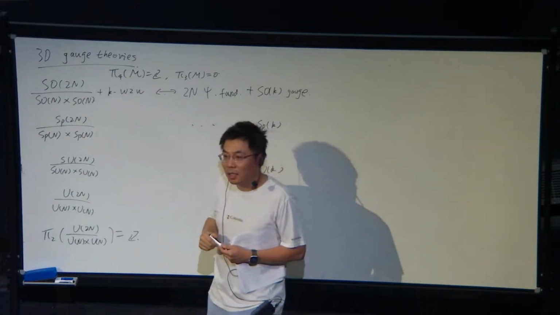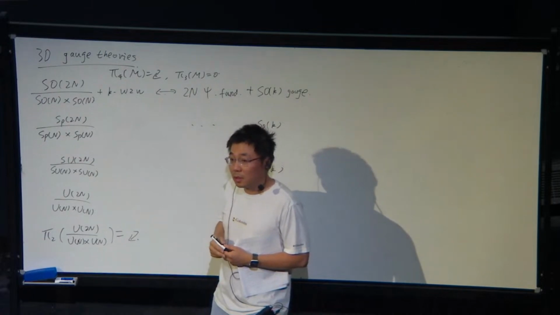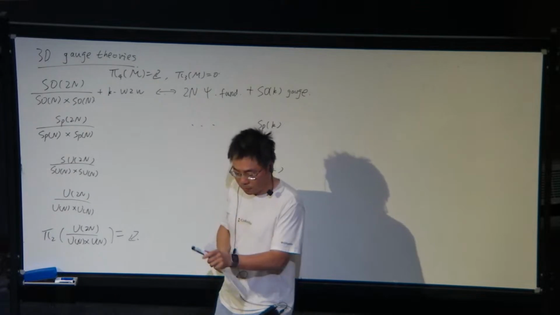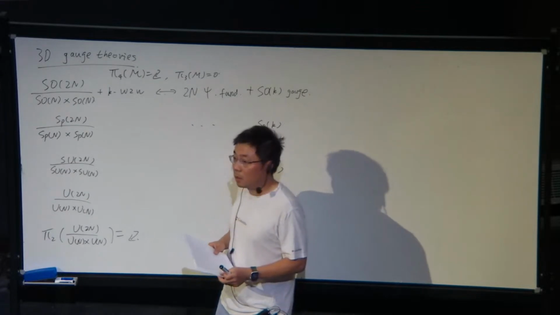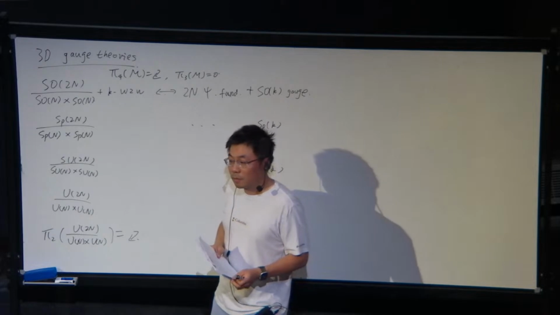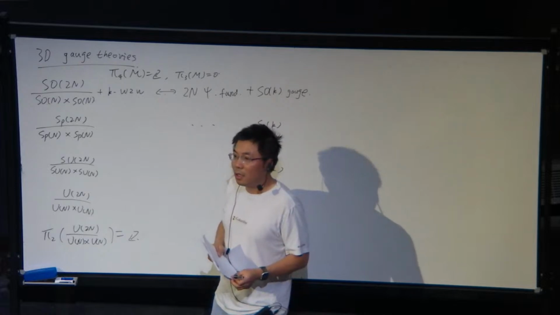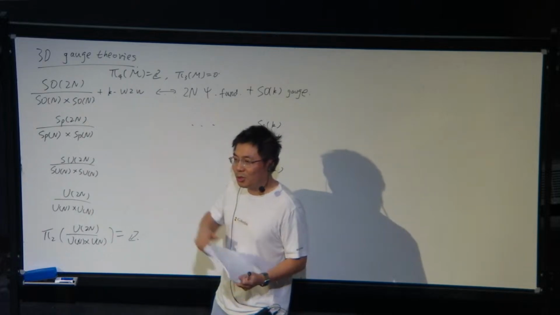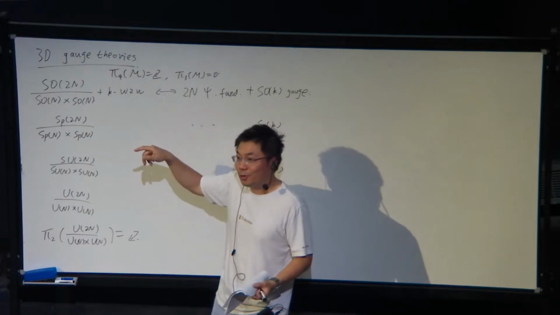Okay. And another thing I just want to make sure about is this story of the 3D Wess-Zumino-Witten terms. You say the condition for this to be well defined is just pi 3 equals 0 and pi 4 equals Z. But naively, that means you can define this on the 3-sphere, but on other 3-manifolds there might be some further subtlety. If I recall, there was a paper by Komargodski, Fried, and Seiberg that discussed, not quite this, but something like it.